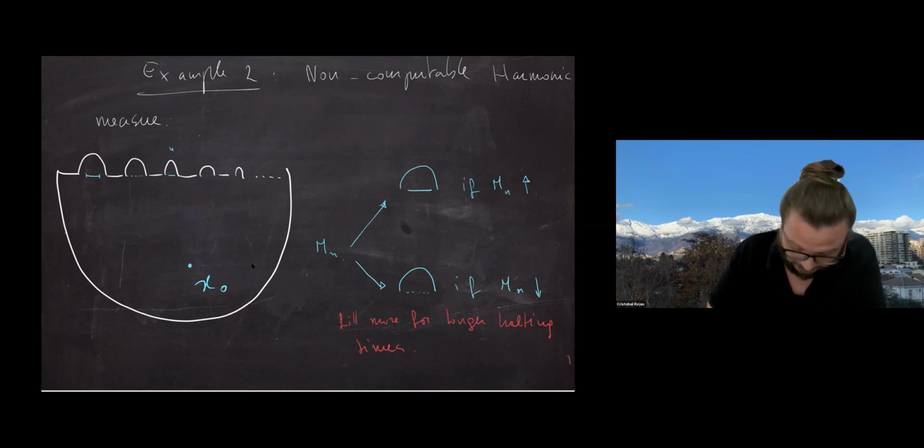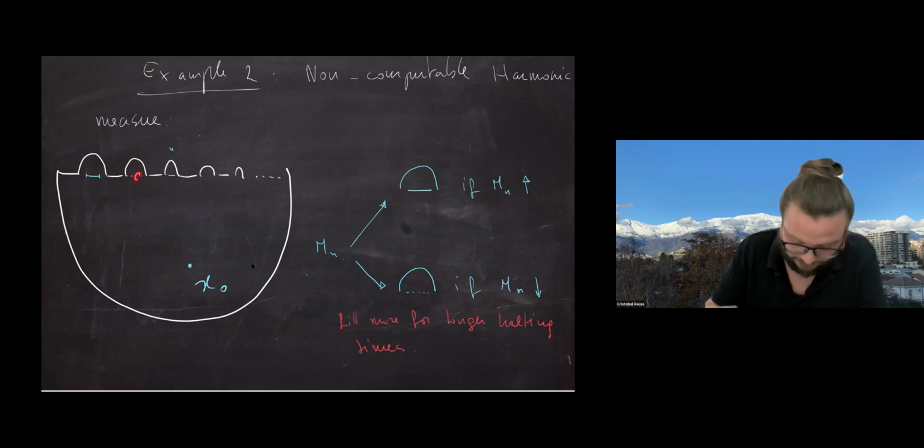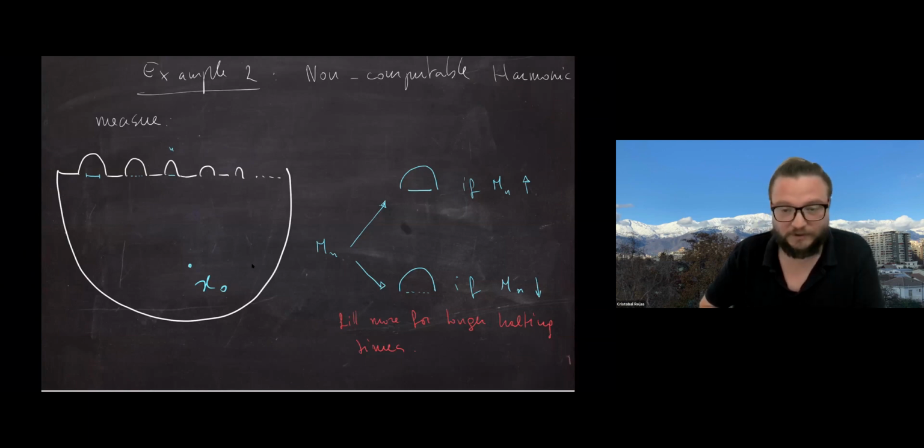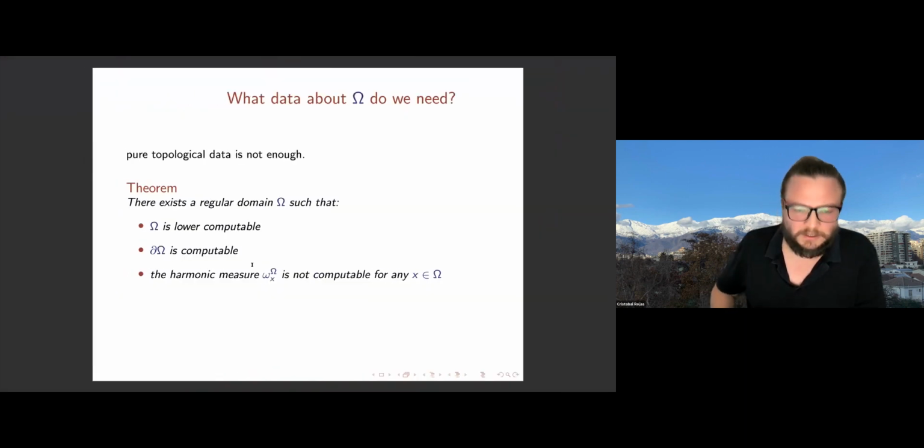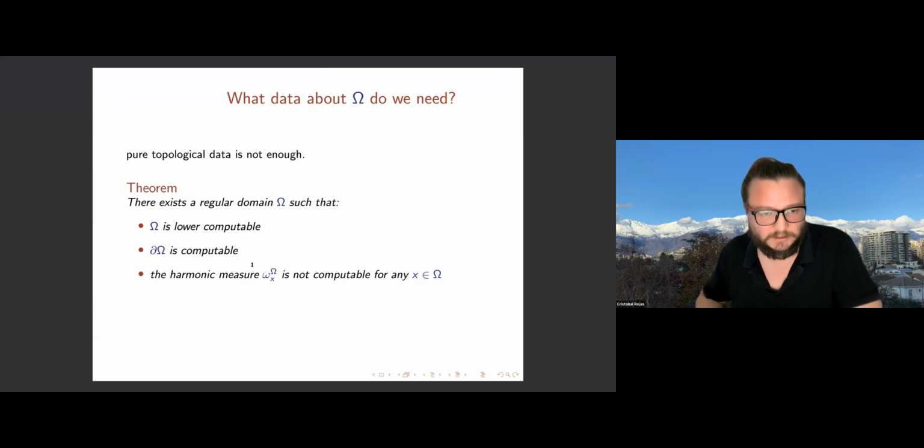And this is exactly what we cannot do here. So you can get an idea of why computable regularity excludes all these examples. And I think that is all I wanted to explain.